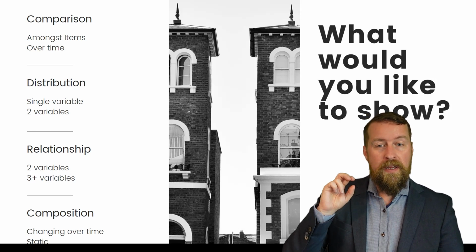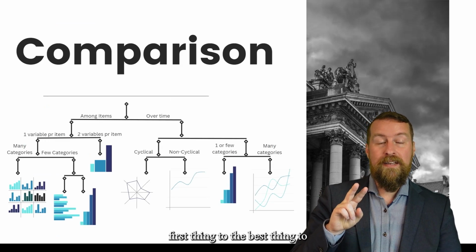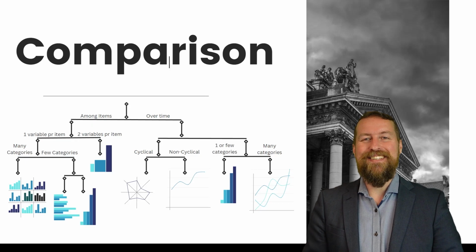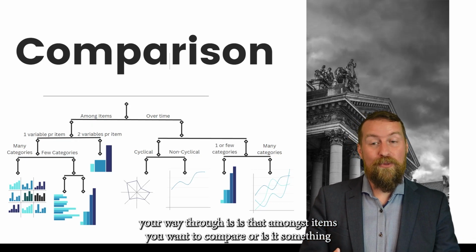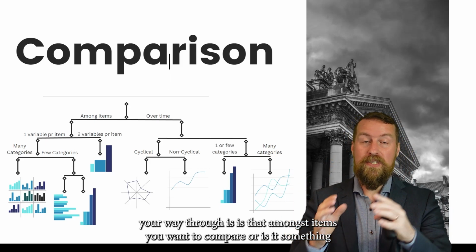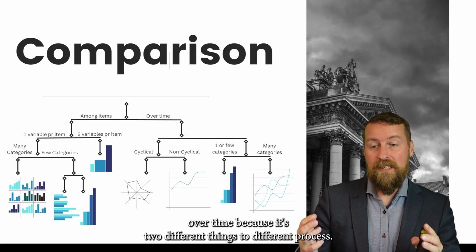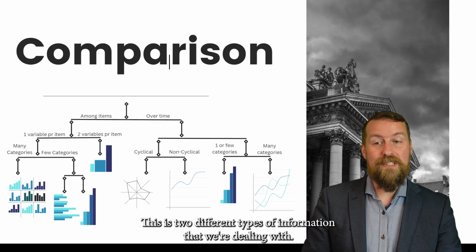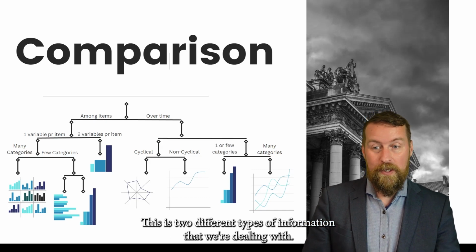Based on that, we'll go through each of them, but then you can choose the specific chart that fits your purpose. If we're looking at comparisons, first thing to take a decision about or analyze your way through is it amongst items we want to compare, or is it something over time? Because it's two different things, it's two different processes, it's two different types of information that we're dealing with.